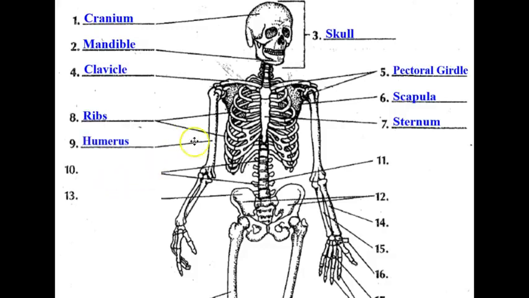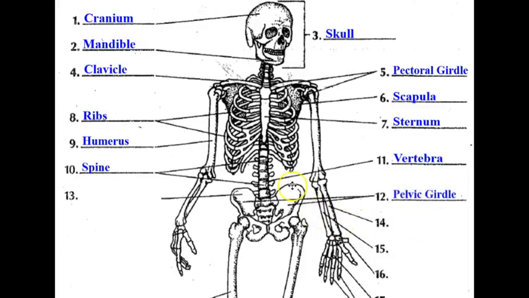The humerus, which is your upper arm. The spine, which of course supports your spinal cord. Vertebra, the individual bones that make up your spine.